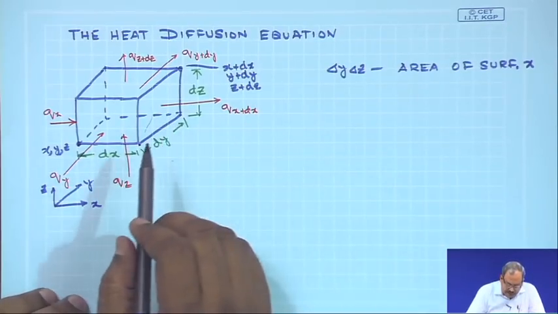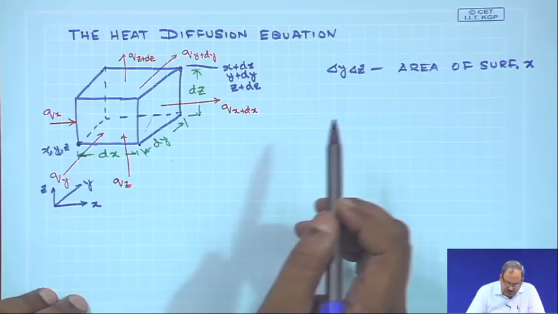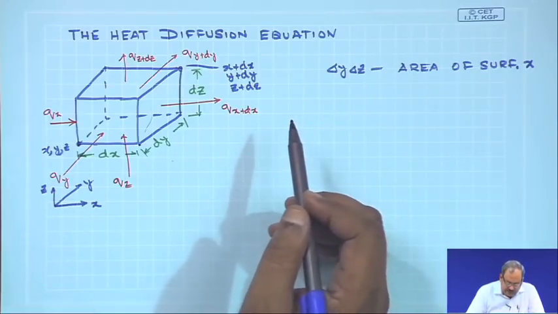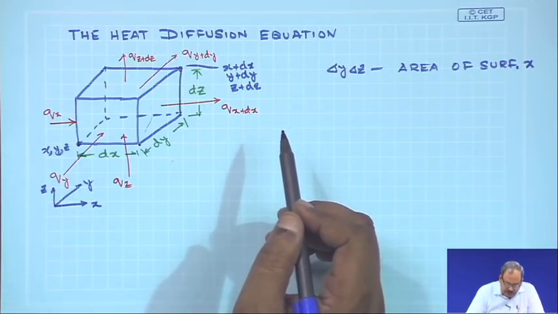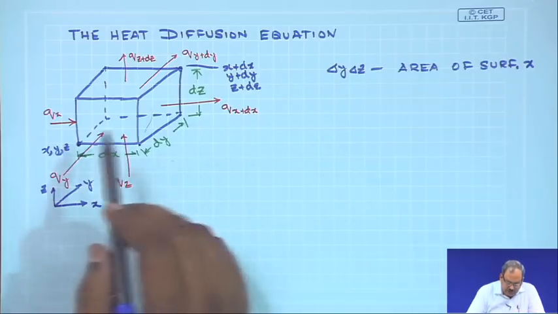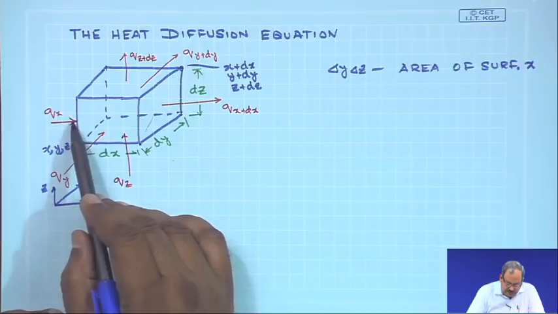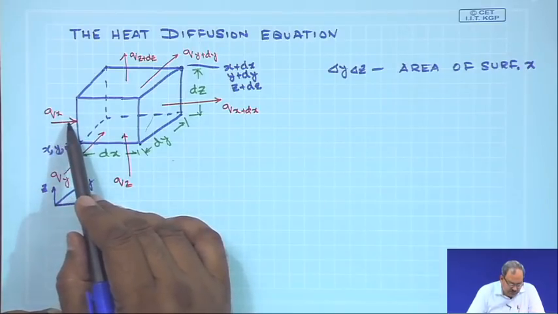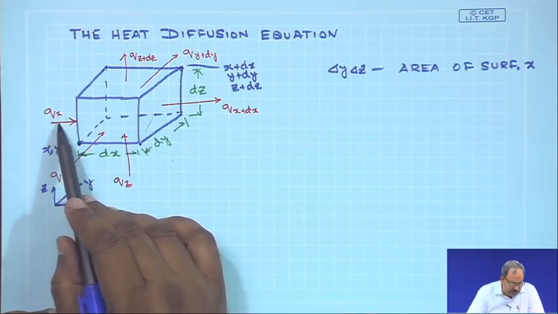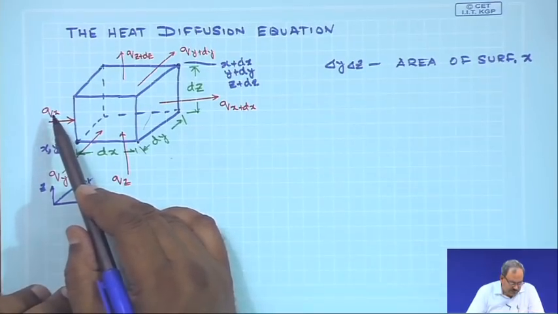So, by x face or y face or z face, we mean the area which is perpendicular to the direction mentioned. So, the x face is perpendicular to the x direction and the amount of heat flow to the system would be denoted by qx.